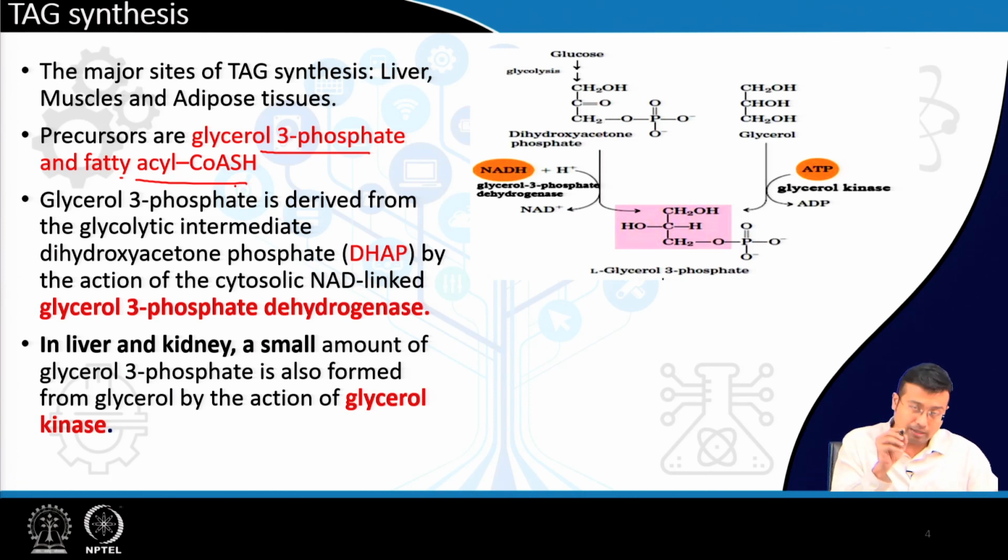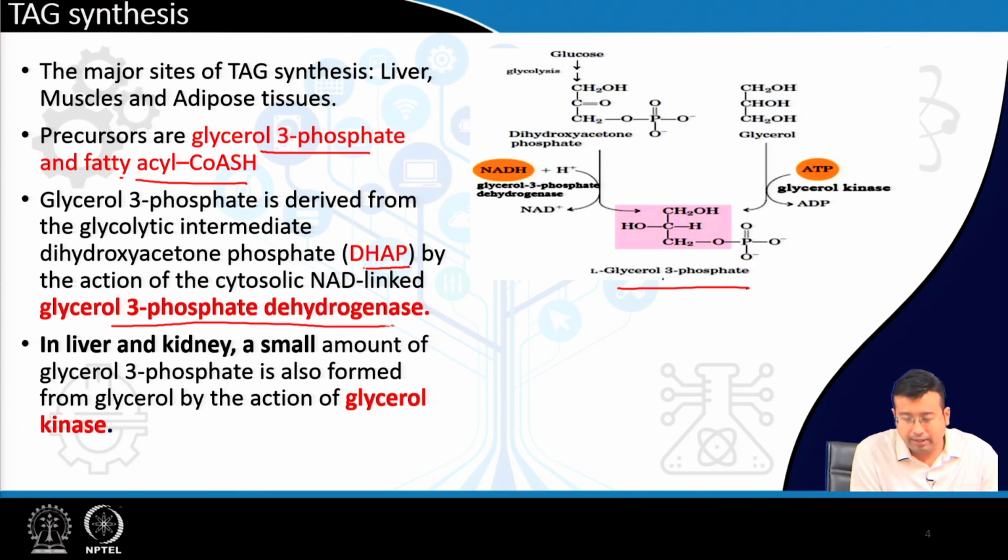Okay. The main precursor that is required is glycerol 3-phosphate. Now, glycerol 3-phosphate can be obtained from dihydroxyacetone phosphate or DHAP by the action of the enzyme glycerol 3-phosphate dehydrogenase. So, glycerol 3-phosphate dehydrogenase is acting upon DHAP to form glycerol 3-phosphate.